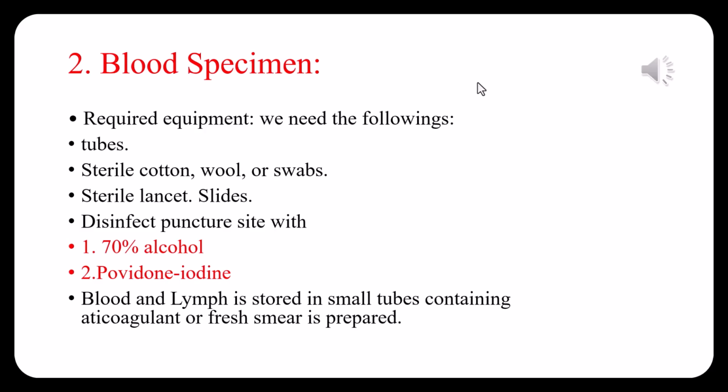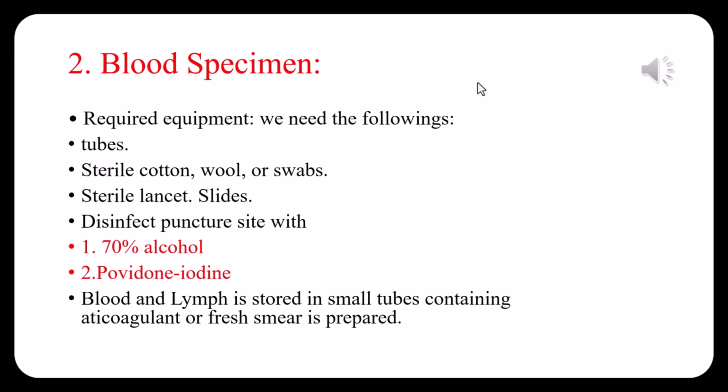Required are sterilized cotton wool swabs, a sterilized lancet, a slide, and alcohol to disinfect the puncture site, or iodine. The blood and lymph are stored in a small tube containing anticoagulant, or a smear or fresh smear is prepared. It means that for diagnosis of parasites by a blood sample, it should be collected in an anticoagulated tube, not a gel tube, or a fresh smear has to be prepared. I'm talking about whole blood.